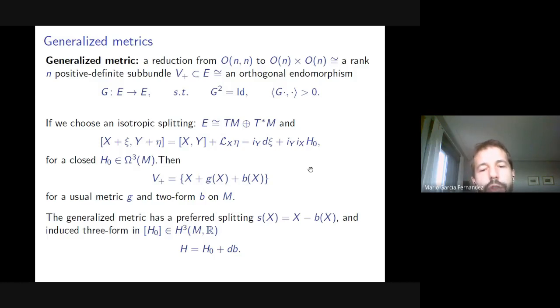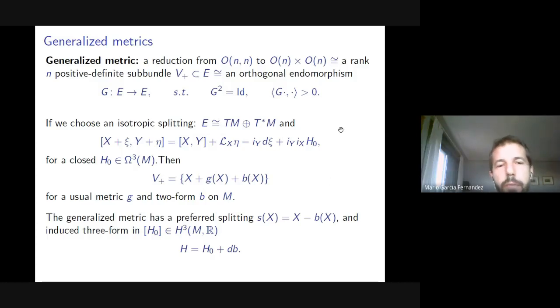So if I have chosen one particular presentation of my E, then the generalized metric gives me a different one for which the B field is 0. And therefore, it also gives me some particular representative of the flux form class given by the H0 plus DB.